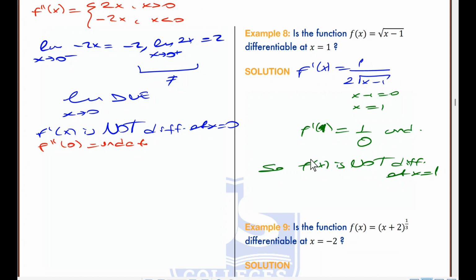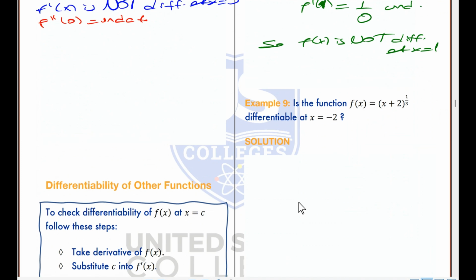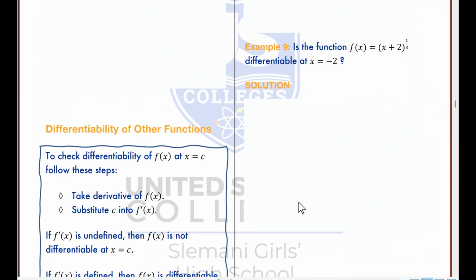All right, next question. We can solve the next question by using the idea of a vertical tangent. If you remember from the first part of the first video, if we have an odd power divided by an odd power, where the top is less than the bottom, we say it's a vertical tangent.